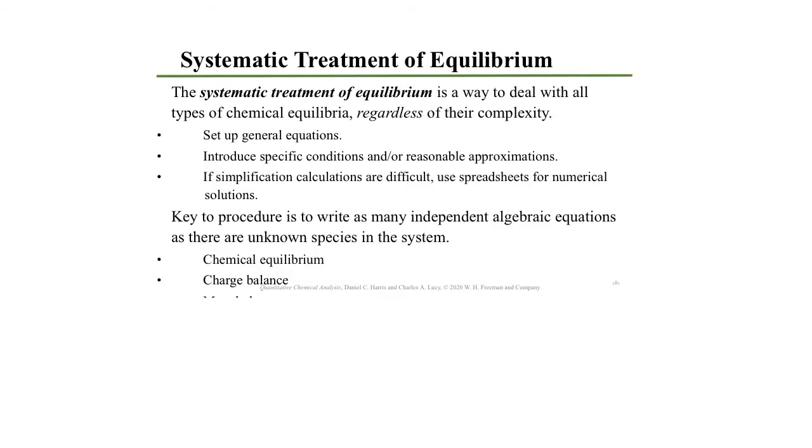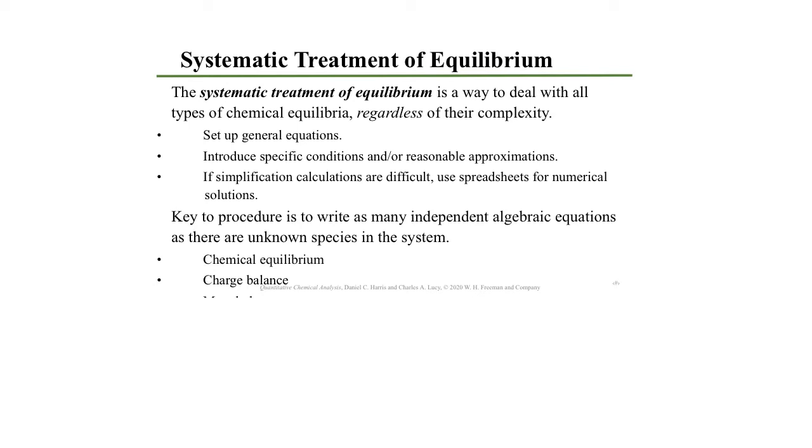So how do you deal with this on a more system level? You use something called systematic treatment of equilibrium. I've referred to that several different times, and I just want to do a quick run through of how this is used. So in systematic treatment, your goal is to set up as many equations as you can.